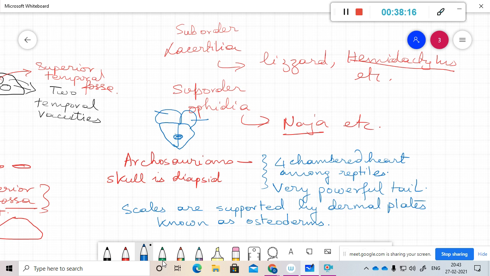Left auricle, right auricle, left ventricle, right ventricle, and this is the septum which differentiates. There is a hole present in the septum, and that is known as the foramen of Panizza.